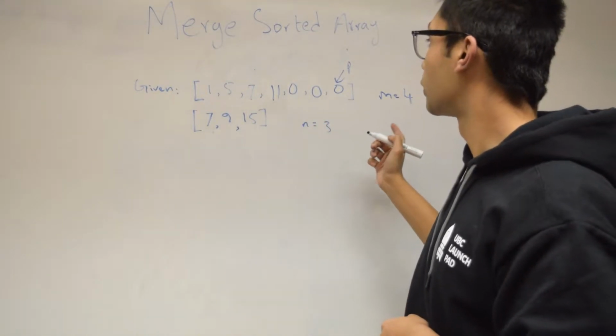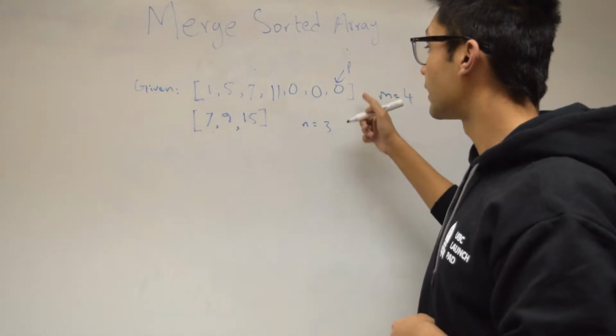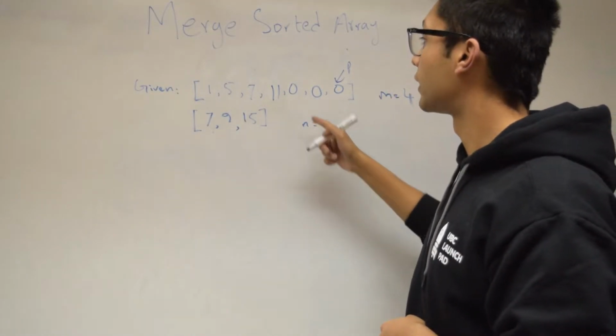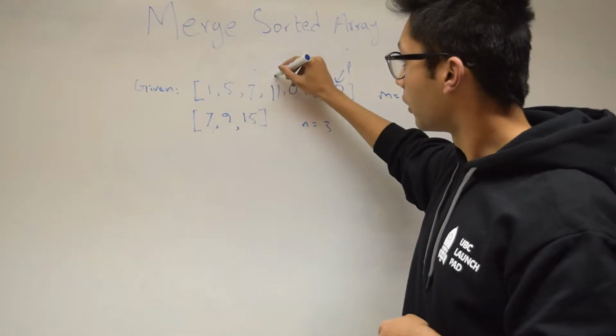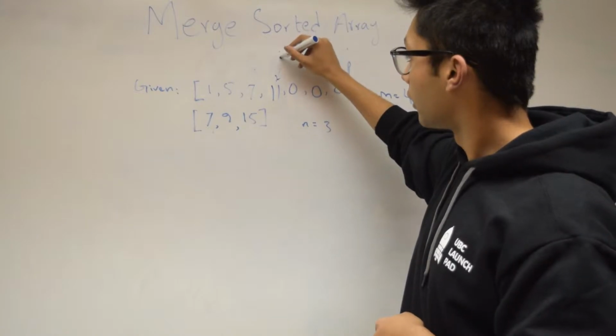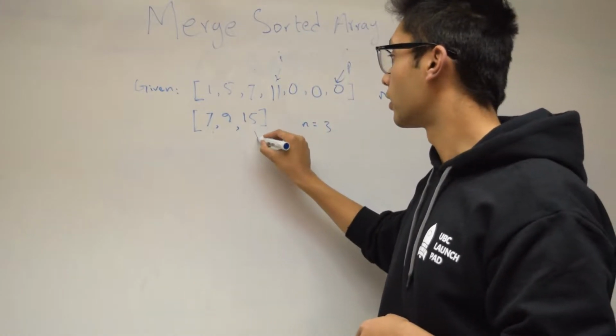So we could do the length of the entire array minus 3, and this will give us this index right here. So we could have another pointer right here. Let's call it I, and we can call a pointer at the end of this element j.